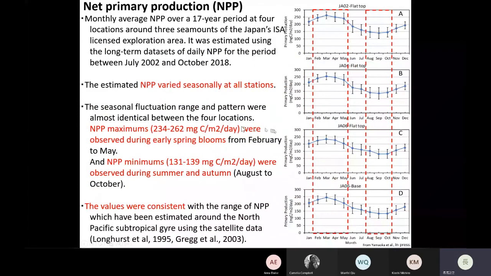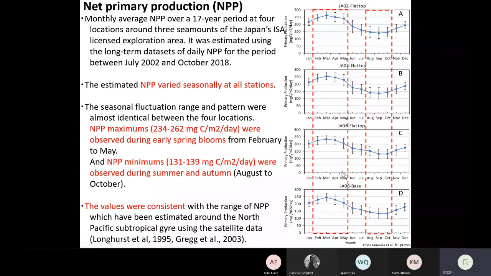And this is net primary production, NPP. We took monthly average NPP over a 17-year period at 4 locations around 3 seamounts of the Japan's ISA licensed exploration area. The estimated NPP varied seasonally at all 4 stations. The seasonal fluctuation range and pattern were almost identical between the 4 locations.